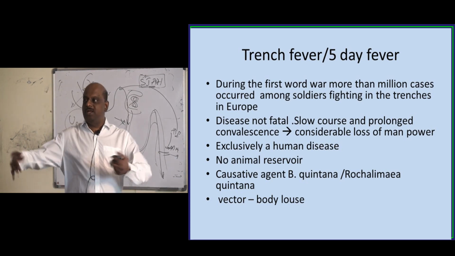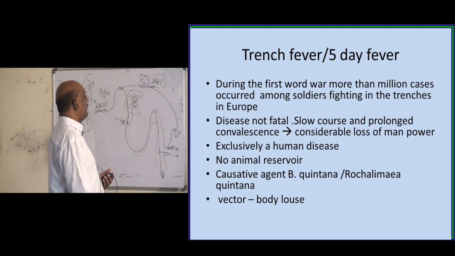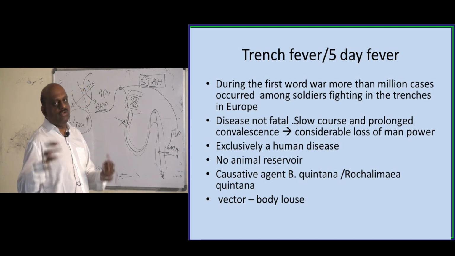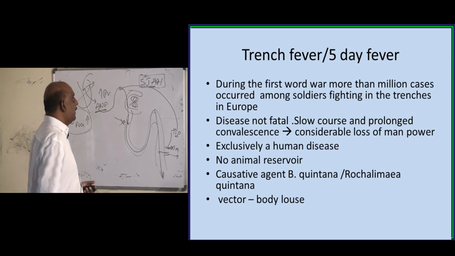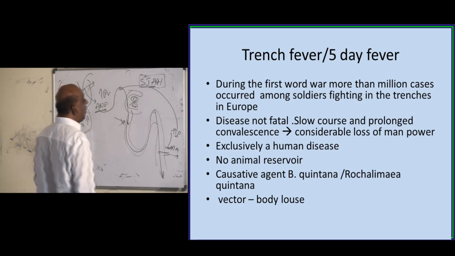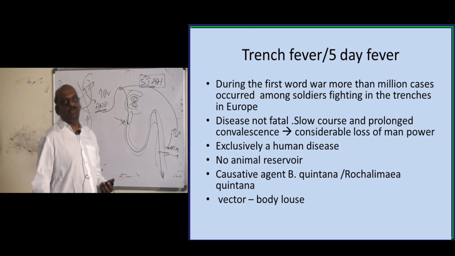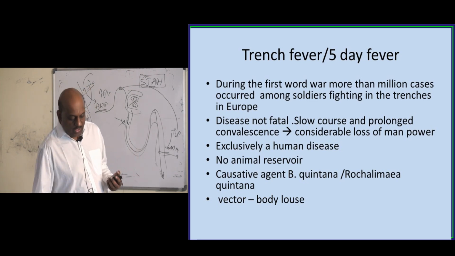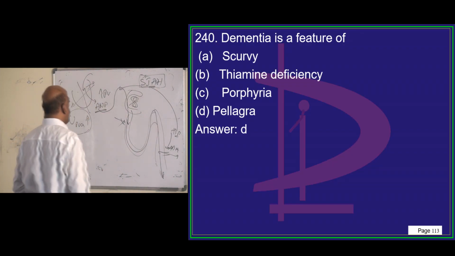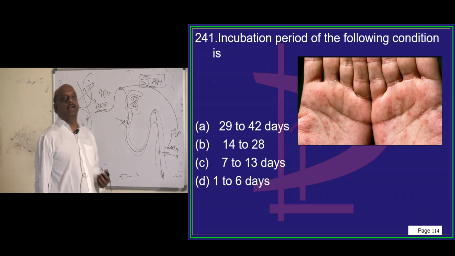Because of that, you lose a lot of your army men due to trench fever. It is exclusively a human disease. There is no reservoir. It is Bartonella quintana which is responsible, and the vector is the body louse, is what I want to underscore to all of you. Dementia is a feature of pellagra.